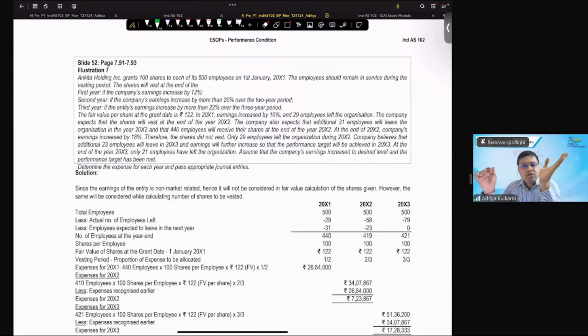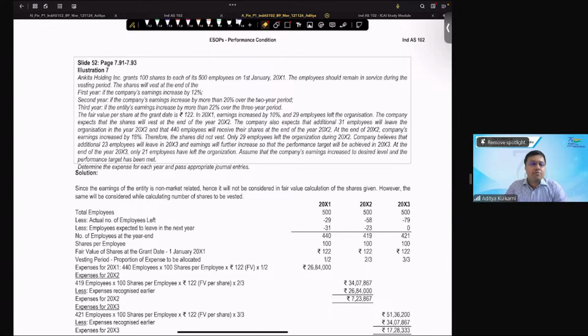Increase in EBITDA is not an indicator for applying the Black and Scholes model. Increase in sales revenue is not an input for doing the valuation. And therefore, the impact of the non-market-based performance condition is not visible in the fair value.